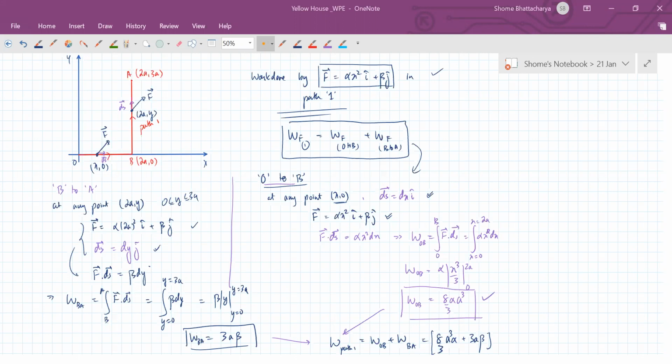Between those two same points, you were first going vertically along the y-axis and then horizontally parallel to the x-axis. So how can we calculate the work done in that case?